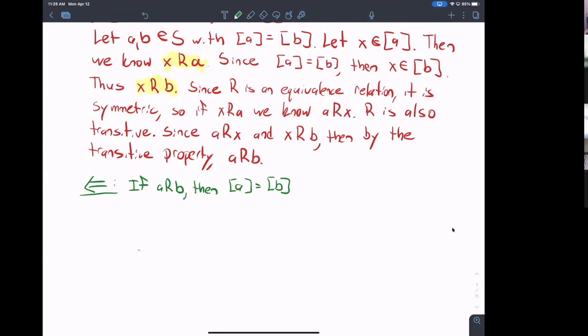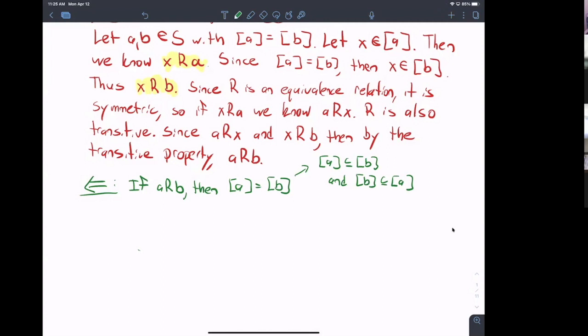And so if I want to prove that these are equal to each other, I need to show that this thing is contained in there and that this thing is contained in there. And then those two sets are equal. So I'm hoping to show that anything that's in the equivalence class of A should be in the equivalence class of B and vice versa.